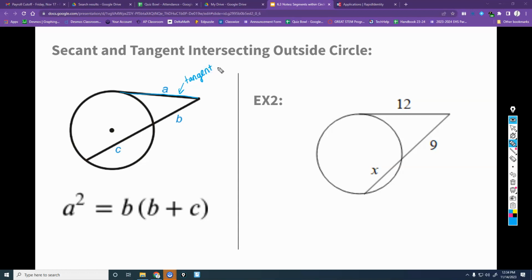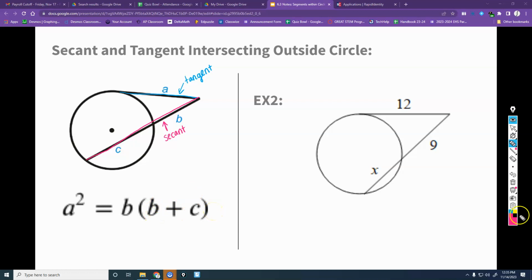And then over here, this line that crosses the circle twice, this is called our secant. And so the rule for this is that the tangent squared will equal b times b plus c.